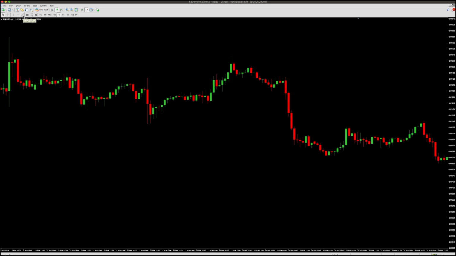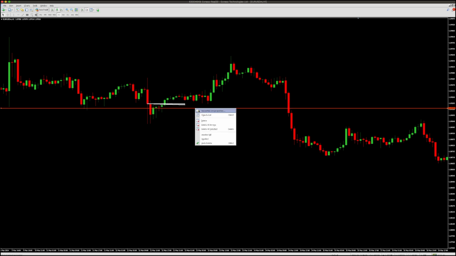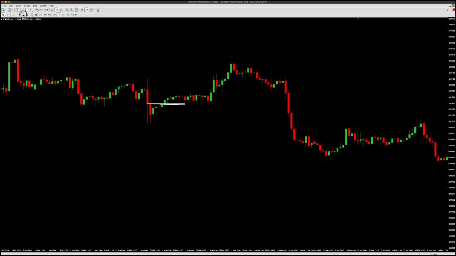For example, you see this big bearish engulfing candle here. You enter your trade here, and then you come and enter many positions here. You're stacking many positions here. You're entering so many positions here.